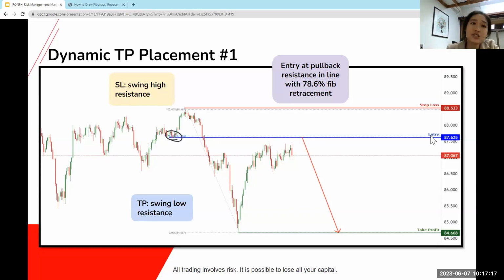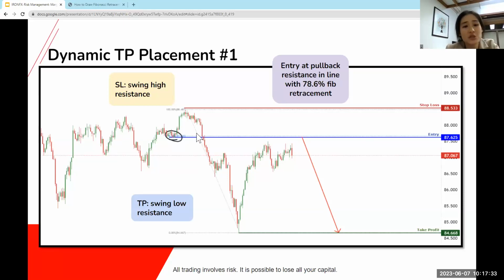Okay, so our entry is, in this case, our Fibonacci confluence area, or basically a confluence area. I say Fibonacci because we see over here that we have a 78.6% Fibonacci retracement.